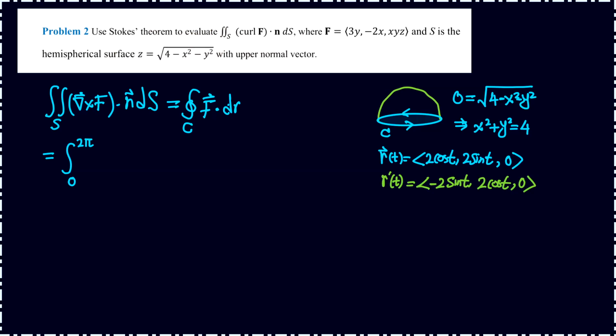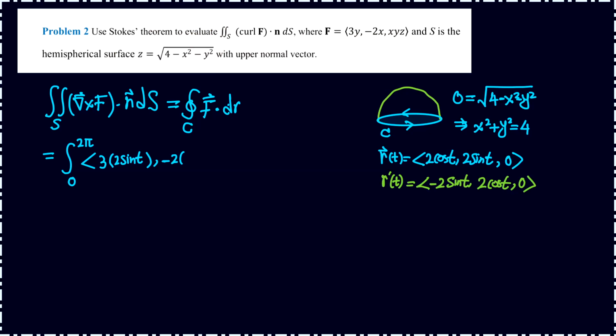All right, now we are going to compose the curve into the vector field. Okay, so the vector field becomes 3 times y. Here y is 2 sine t. Okay, and then we have negative 2x, where x is 2 cosine t.